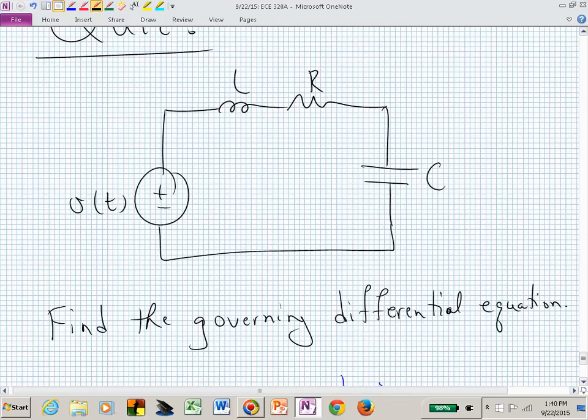If we did KVL, we could be saying, well, let me label these voltages. There's the voltage drop across the inductor. Here's the voltage drop across the resistor. And here's the voltage drop across the capacitor. Now I'm assuming that I have some current, let's say I sub L of t, flowing through that circuit.